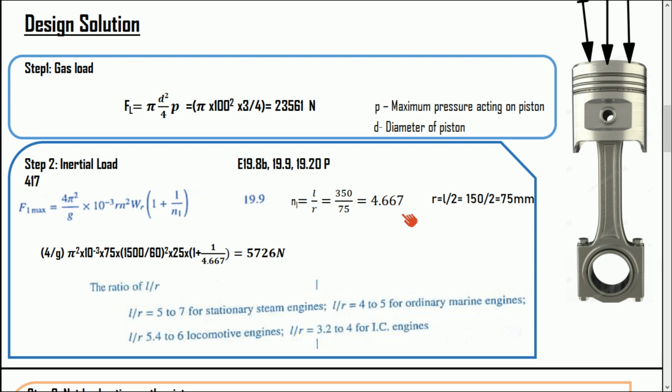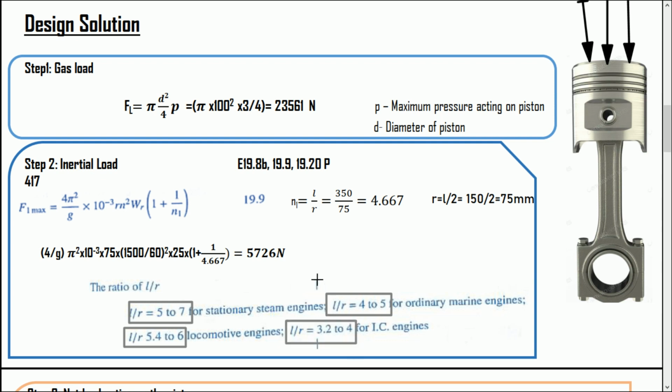Suppose we don't have enough data in the question to find out the value of n1, then we have to use the data given in the data book. This L equal to 527 or L by R is equal to 4.25, L by R is equal to 5.426, L by R is equal to 3.224.